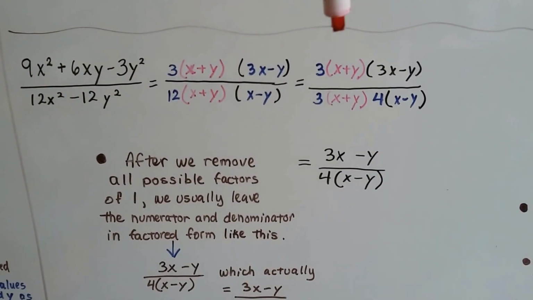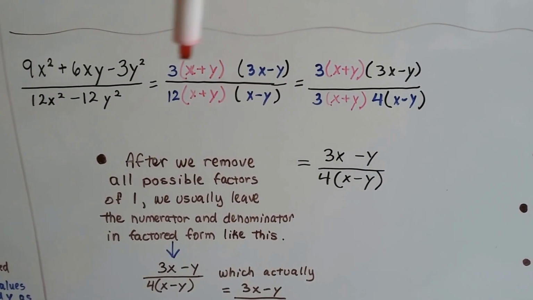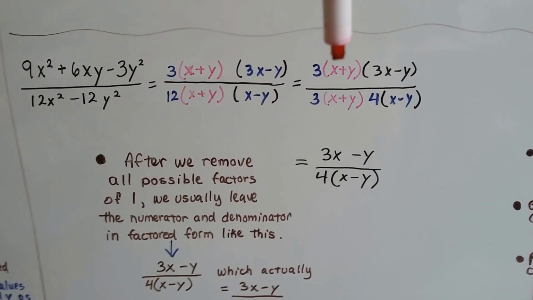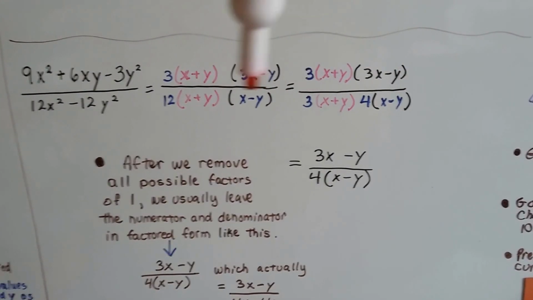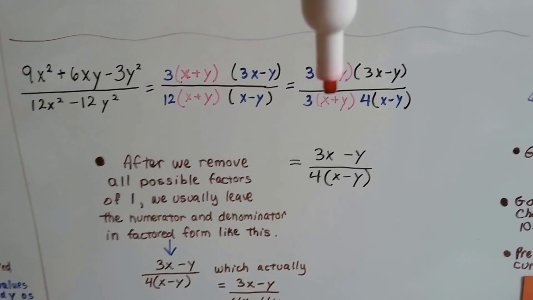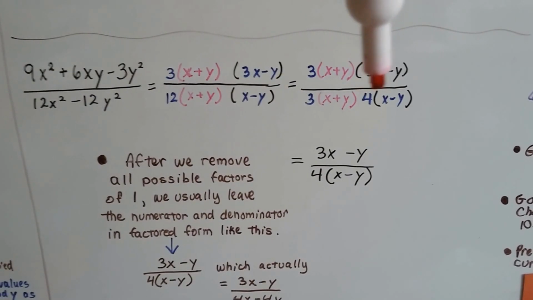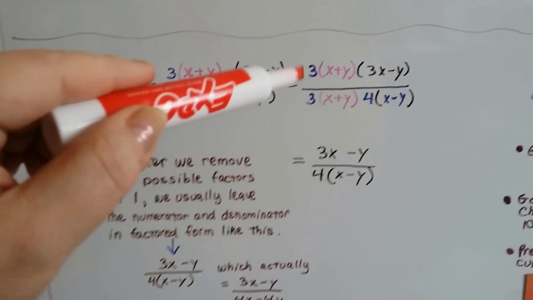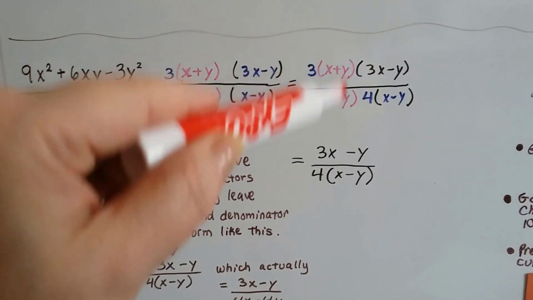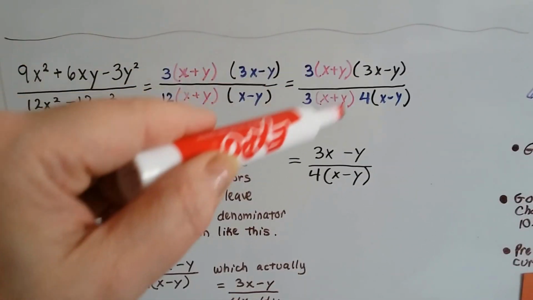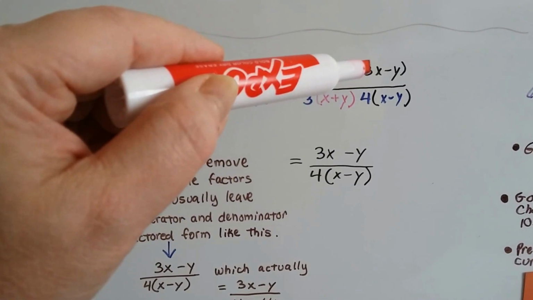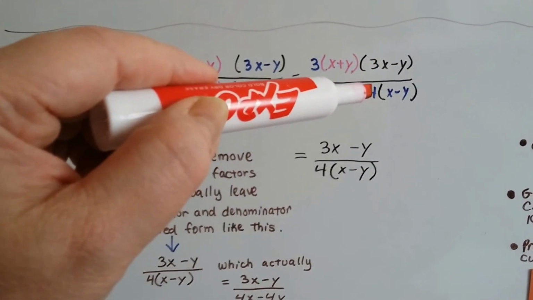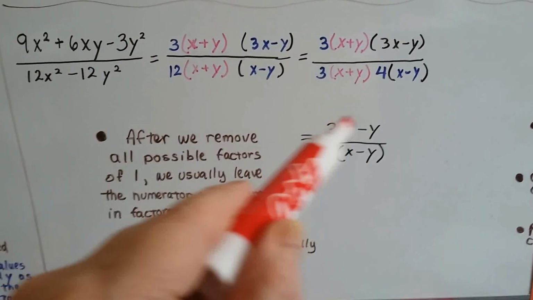That means we've got this numerator 3 times x plus y times 3x minus y. And the denominator, this 12, can be broken into 3 times x plus y times 4 times x minus y. We can see this is all the same, isn't it? This 3 times x plus y. So we can get rid of this as a 1, and we're left with 3x minus y over 4 times x minus y. That's our answer.